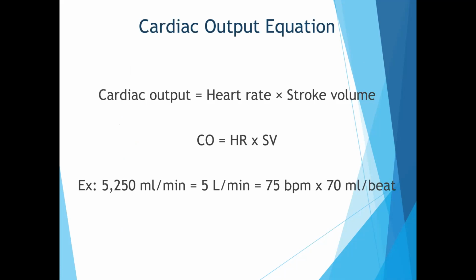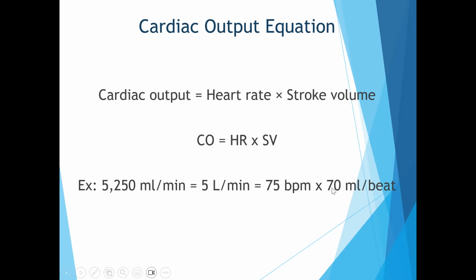Okay, so this is just a couple ways you'll see the equation itself. So that's it, just all the way written out. And here's your abbreviations that you'll see more often. For cardiac output, if we multiply our heart rate, the 75 beats per minute, times 70 milliliters per beat, the beats cancel out, and then we get milliliters per minute as our unit.